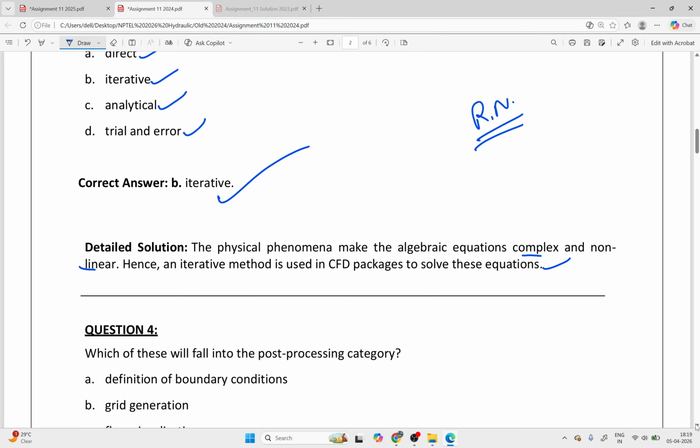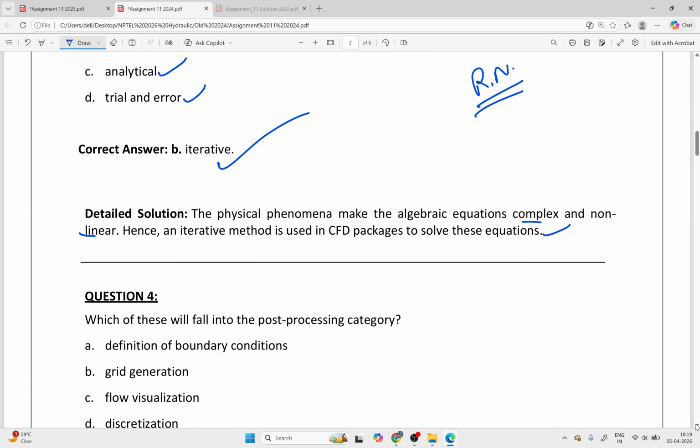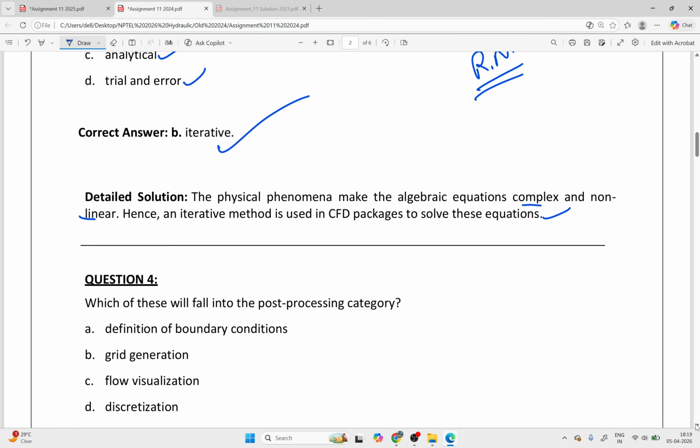Okay, so now let us move on to question number 4. Which of these will fall into the post-processing category? So I hope you will give the answer correctly, because I have already told you the pre-processing, simulation, post-processing. So I'm seeking an answer from all of you.